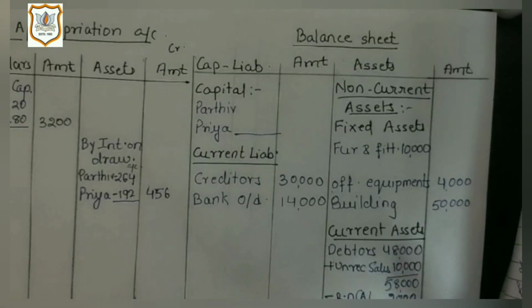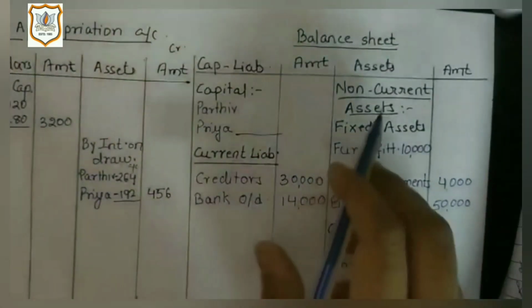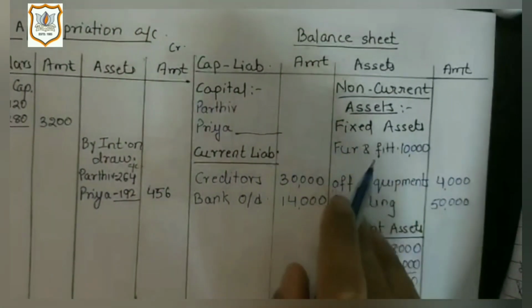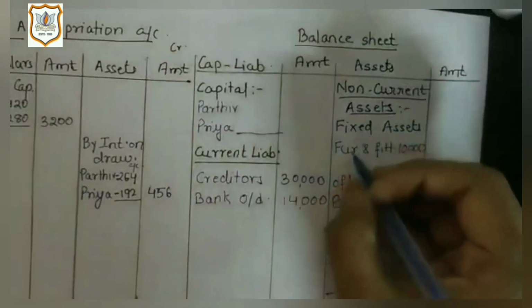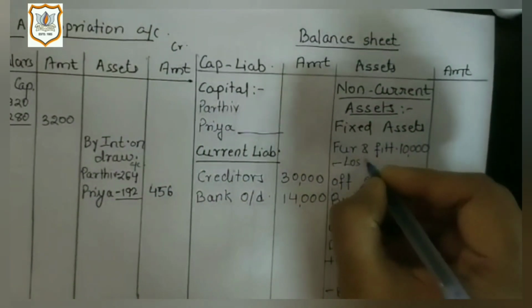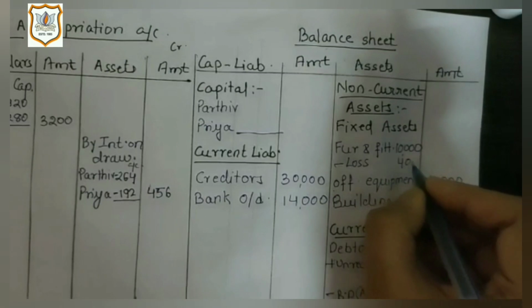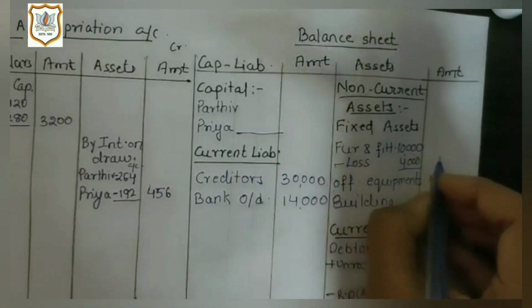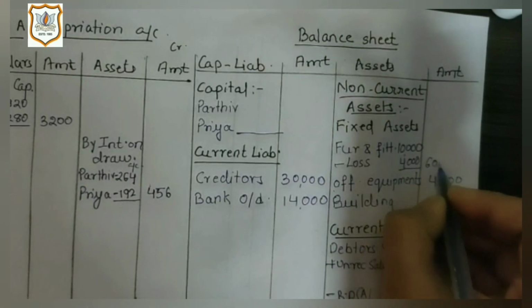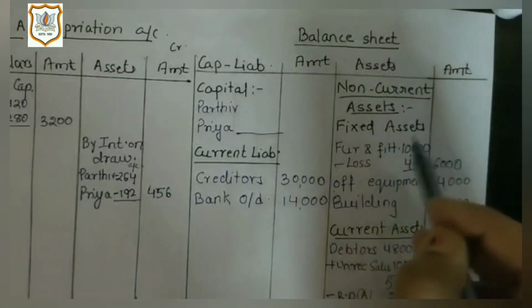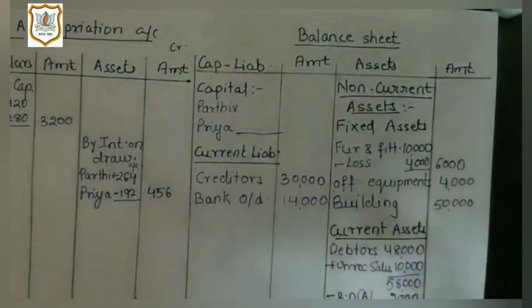Now let's proceed towards adjustment number 4, that is furniture of rupees 4,000 became obsolete, which is not recorded in the books. Here obsolete means outdated. So first effect will be deducted from furniture as value of furniture is getting reduced, minus loss 4,000, and in outer column we will get 6,000 final amount of furniture and fittings.